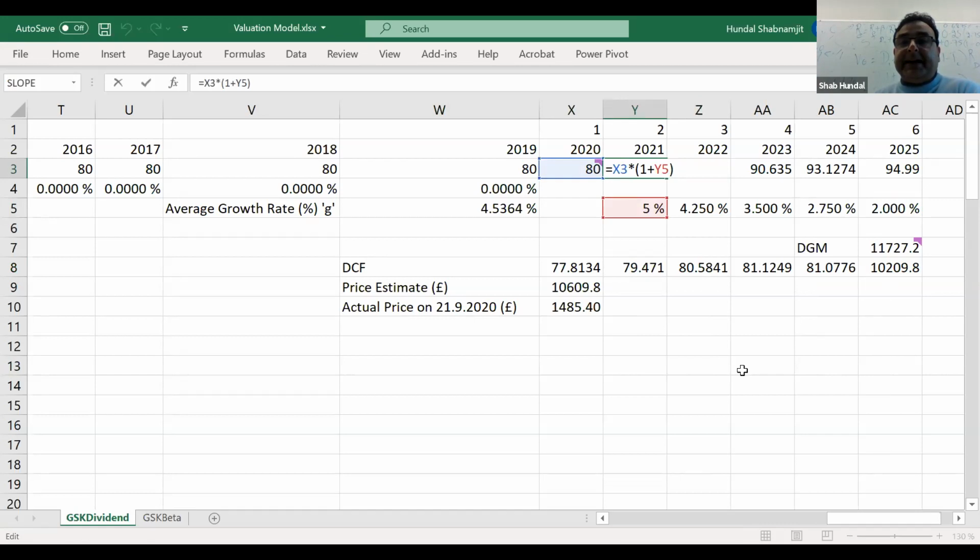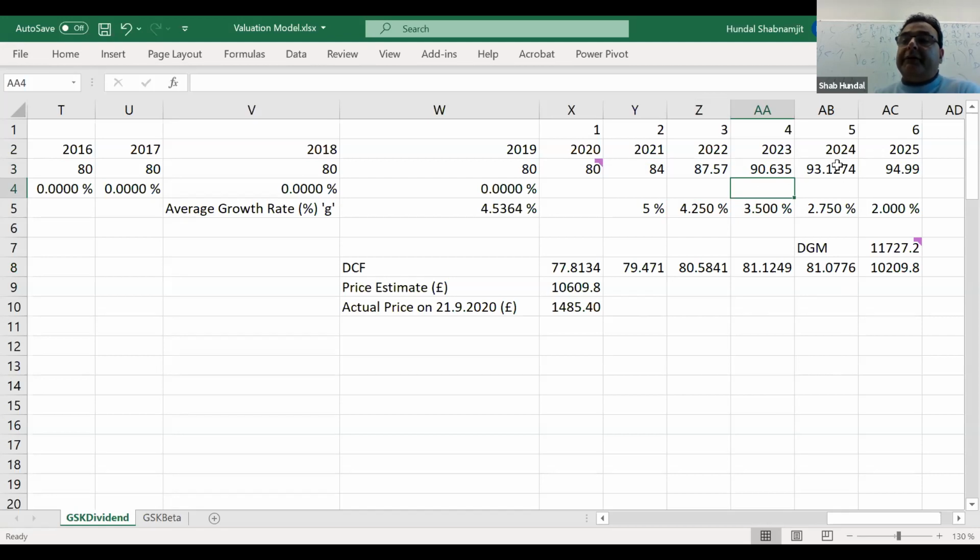So I expect that in 2021, the shareholder would get 84 pounds as dividend. In 2022, the shareholder would get 87.57 as dividend. In 2023, the shareholder would get almost 90 something.